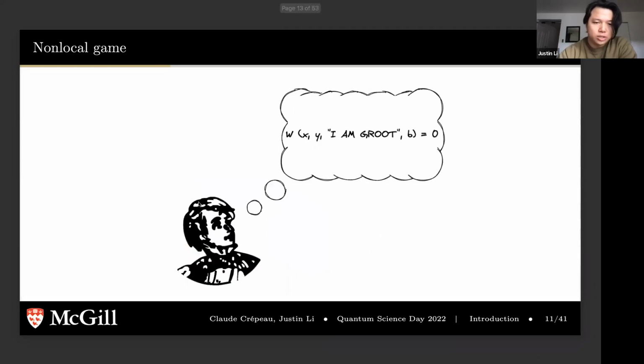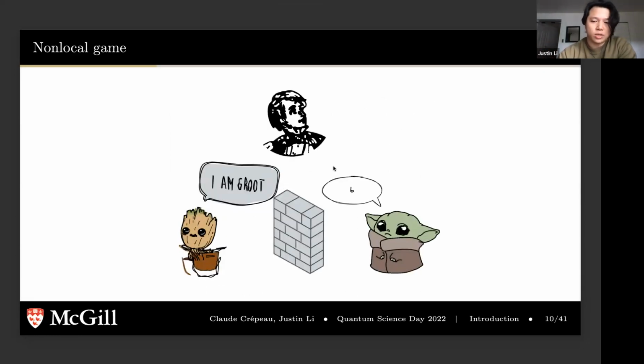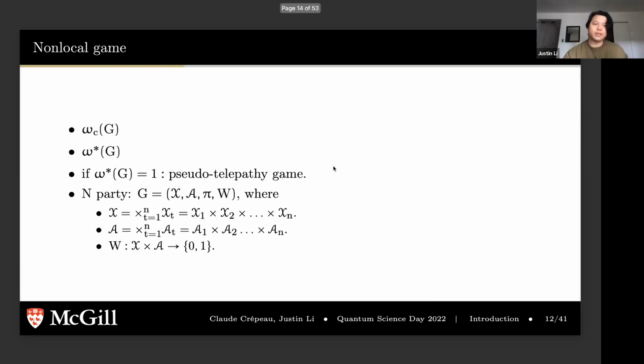And then the judge or the verifier would use the winning condition function that I mentioned before to check whether or not the players have won the game. But let's say that the output set is always a bit, and since Baby Groot has answered "I am good," which is not a bit, they have lost this game. And as you can see, maybe Baby Groot is not a really good player in this kind of game because he will always lose the games.